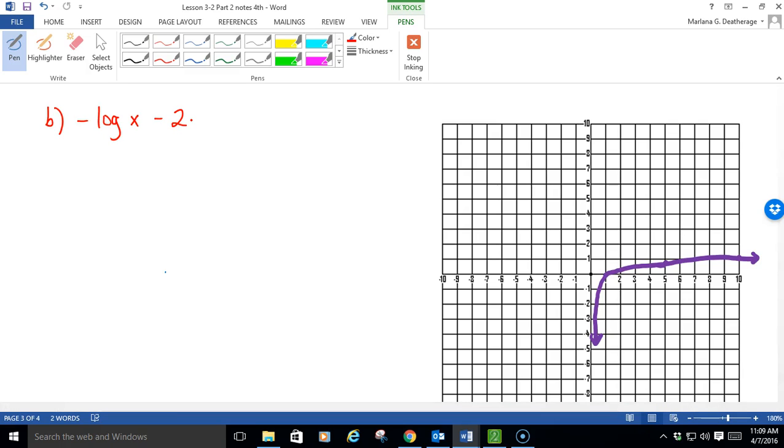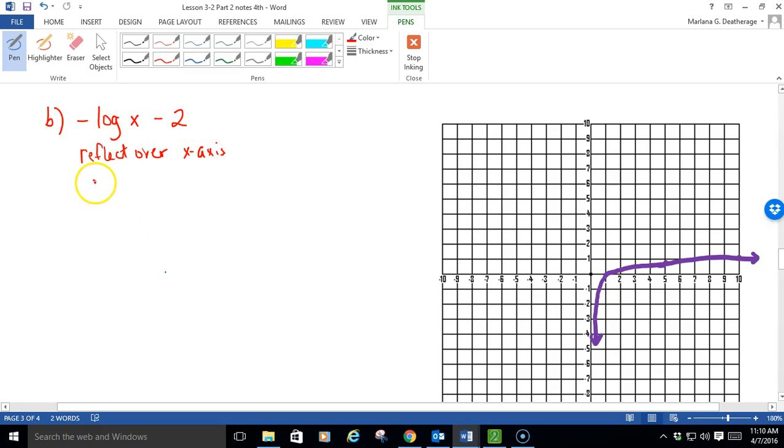So how many transformations do we have here? 2. What is the negative out front going to do? Reflect over x-axis. What's the minus 2 at the end going to do? Outside the parentheses. That's the k. So which direction is it going to go?